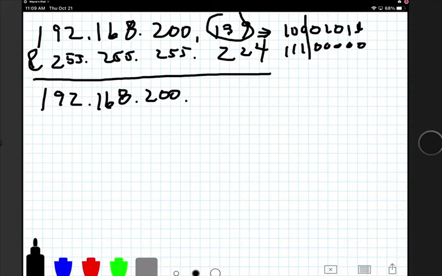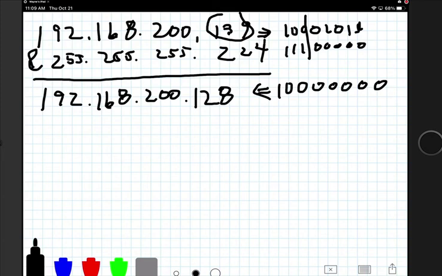Now if we do a bitwise AND on these, ANDing things with 1, we get back whatever the original value was, so 100. And ANDing anything with 0 is going to give us 0 back. And then if we convert that to decimal, we get 128.